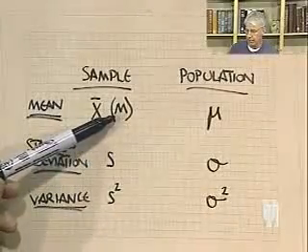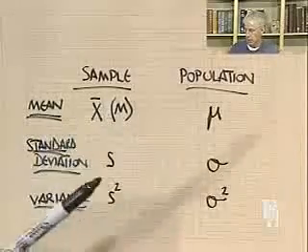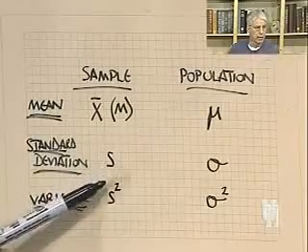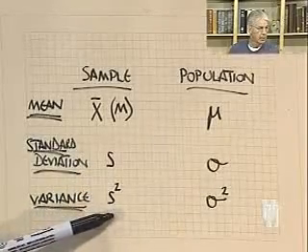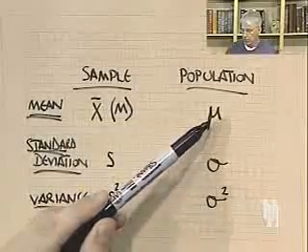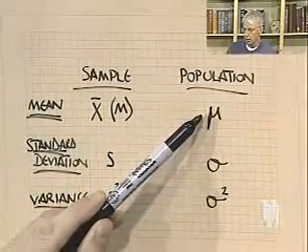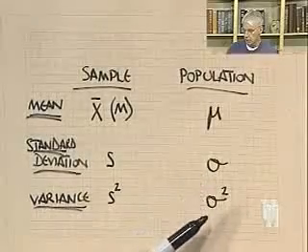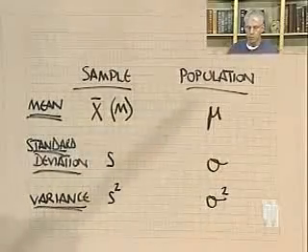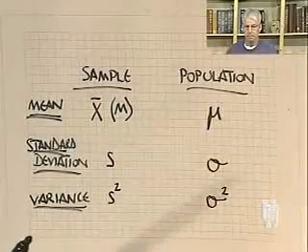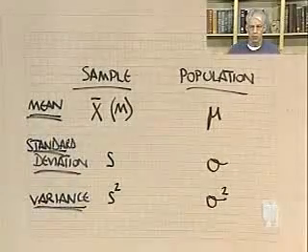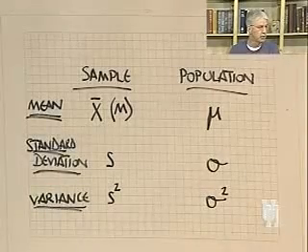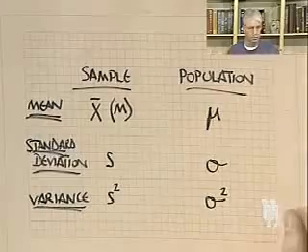We will use uppercase M. Sample standard deviation is represented by lowercase s and variance by lowercase s squared. The population mean by the Greek letter mu. Population standard deviation by sigma, and population variance by sigma squared. I don't think this is an issue that requires any discussion. It's not a conceptual issue. It's simply a system of notation.